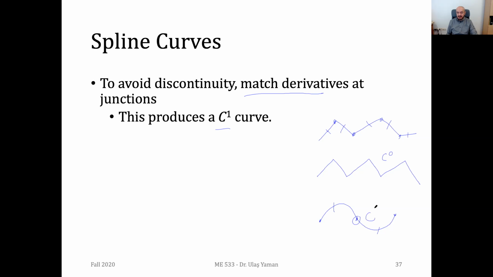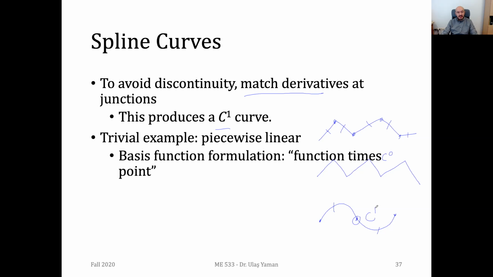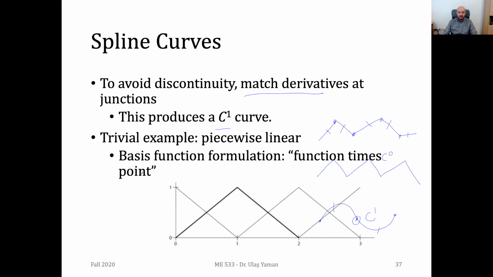This is C1. So in the piecewise linear case or other ones, we are simply multiplying the functions with coefficients. But in the piecewise case, it's much simpler. We are multiplying the function with the points. That's actually an example.